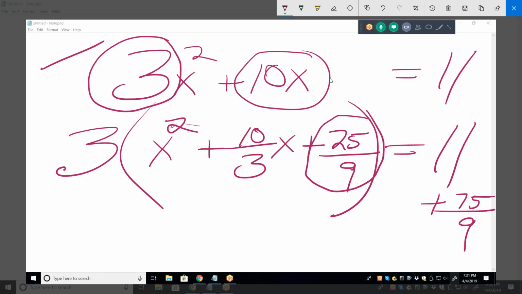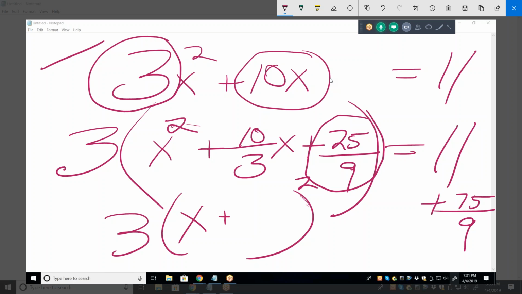Now, how do I rewrite the part that's in parentheses as a linear term squared? X plus 10/6, or 5/3, equals, for the moment I'll just write it like this.